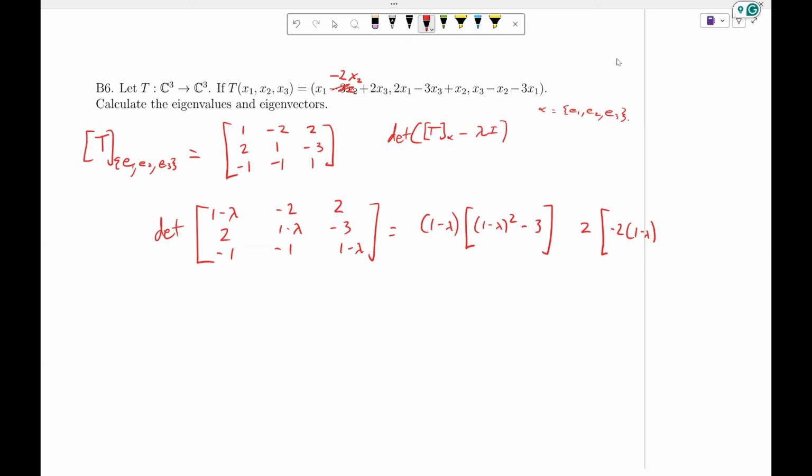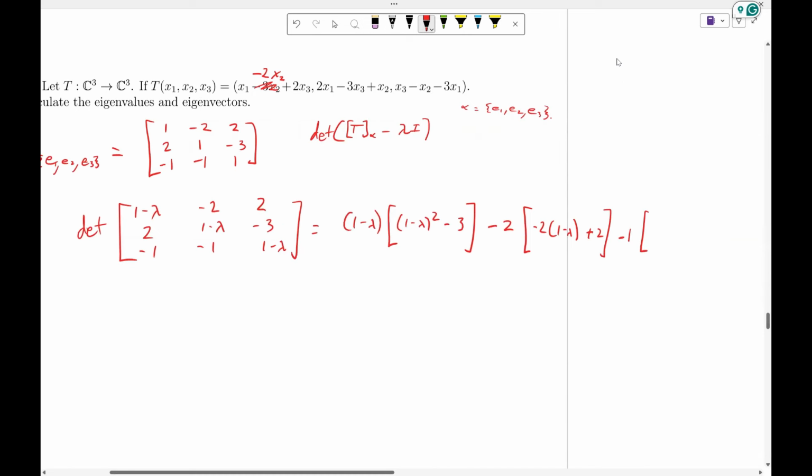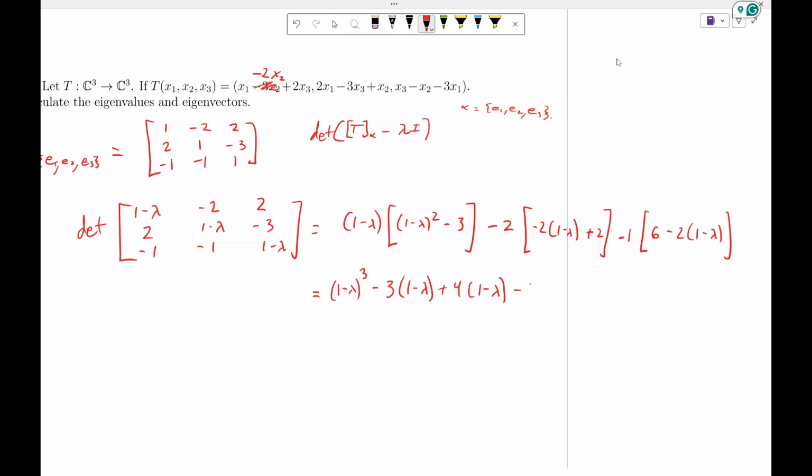And this should be a -2 plus 2 times -1 times 6 -2 times 1 minus lambda, which is equal to 1 minus lambda cubed -3, 1 minus lambda, plus 4, 1 minus lambda, -4.